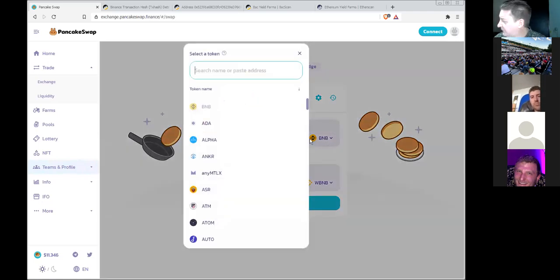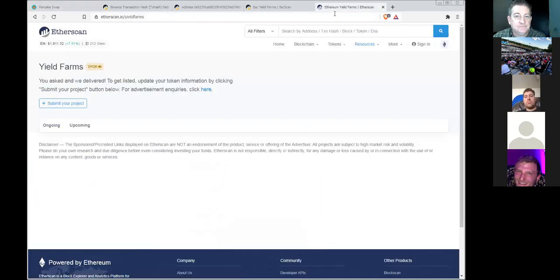Yeah, you have to use the Binance Smart Chain version. The easiest way I've seen for US citizens to do that is to exchange it through the Trust wallet, which I believe has an extension, but I've been doing it on the app.